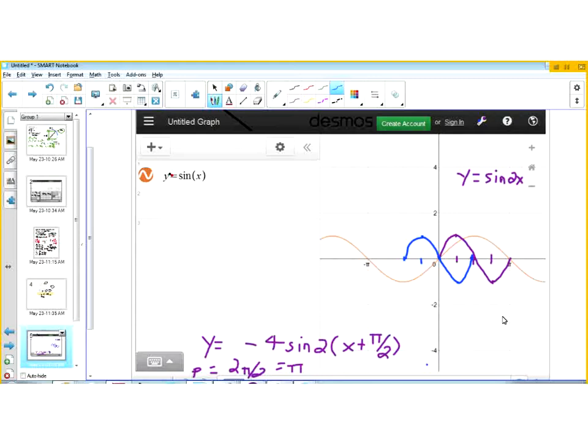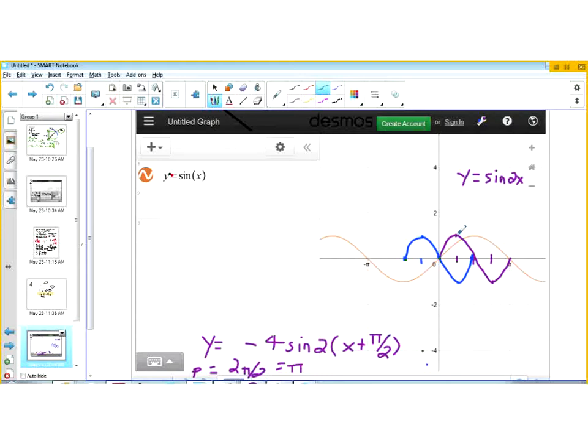Okay, so we have to multiply the output by -4. All right, so we'll do that in green. So this point stays the same. This is -1, so -1. No, I'm sorry, this is +1. So +1 times -4 would come down to here. So at -π/4, the output is -4. At 0, the output stays the same.